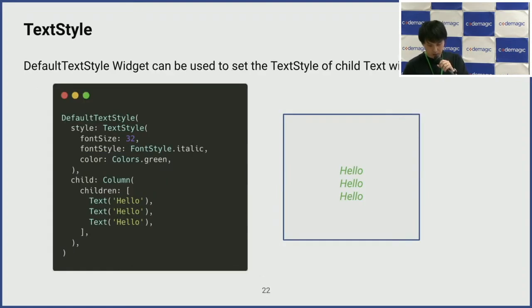The most common way to set the text style is to set the TextStyle to the style property of the Text. But the DefaultTextStyle widget can be used to apply the same text style to all child Text widgets. This is useful if you want to use the same text style repeatedly on multiple texts.